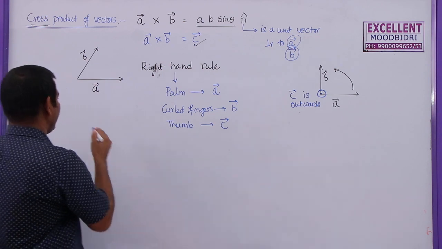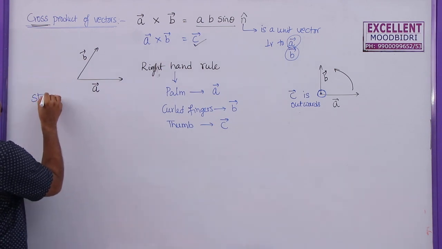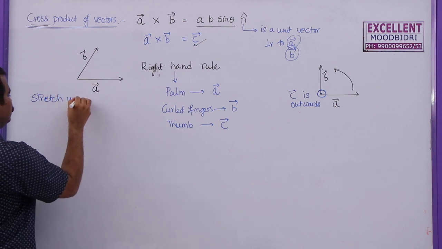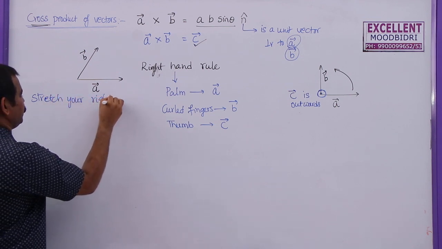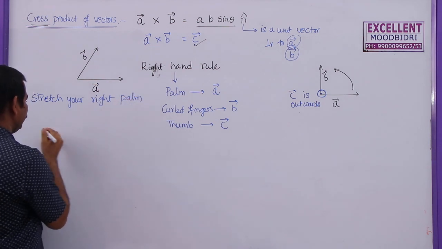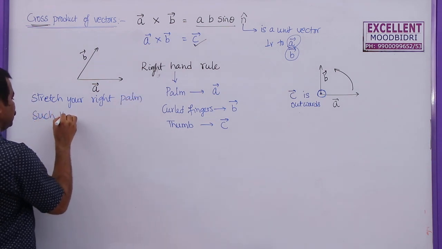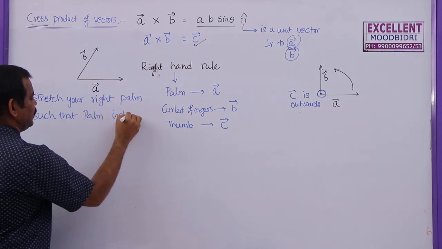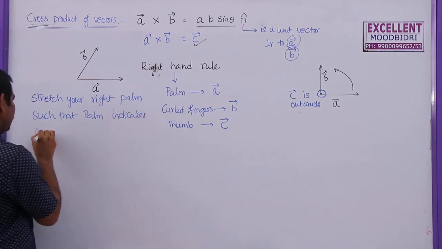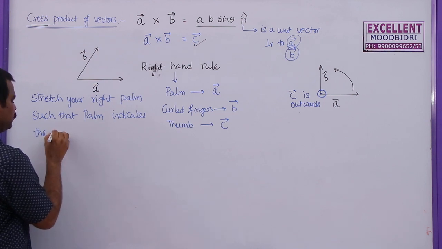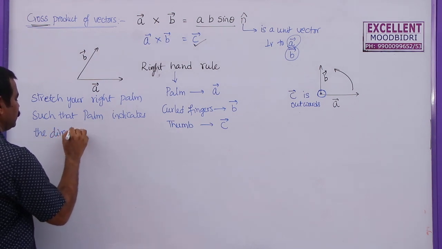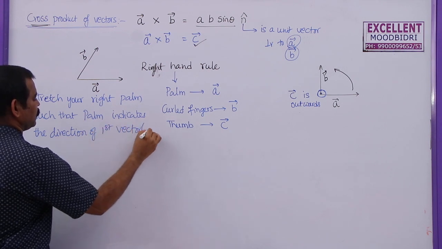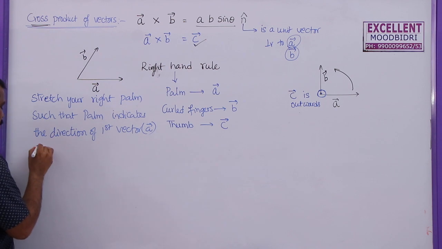You stretch your right palm such that palm indicates the direction of first vector, this is A bar in this case.